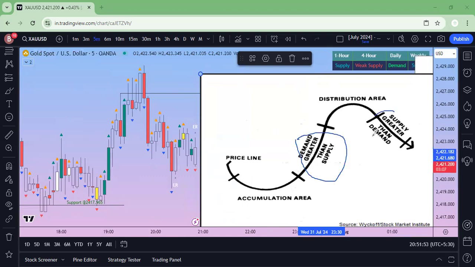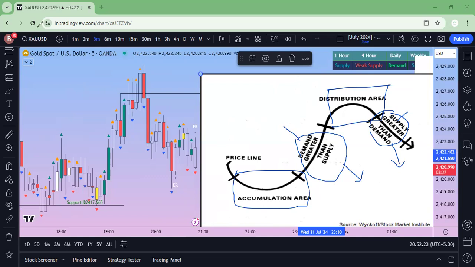If you see what I am circling, if price is about to fall, supply would be greater. If prices are about to go up, demand would be greater. And if there is an accumulation phase going on, or a distribution phase, I will not get into accumulation distribution today. I'll just stress upon uptrend or markup phase or downtrend.